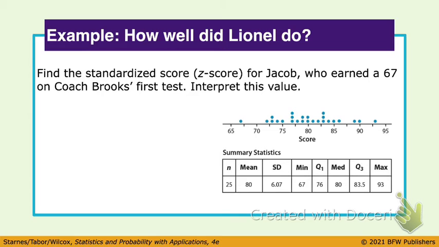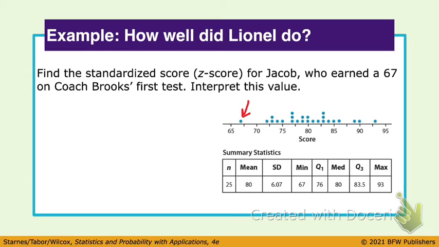All right, we're going to do another example here. We're going to find the z-score for Jacob. Jacob scored a 67 on Coach Brooks's first test, and then we're going to interpret his z-score. Jacob is right here. He got the lowest score in the class.